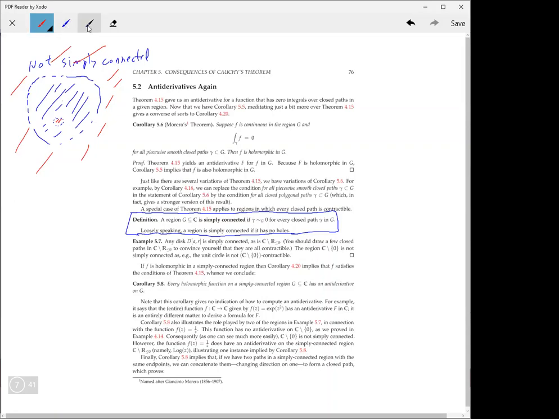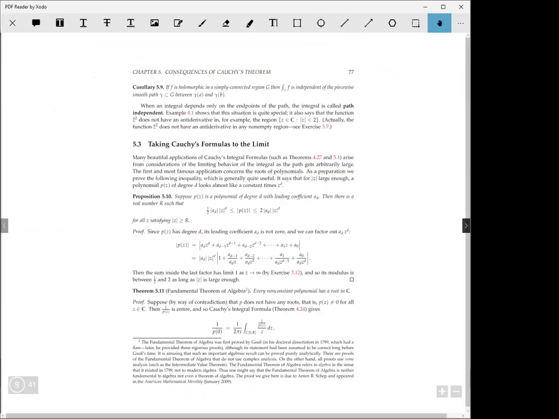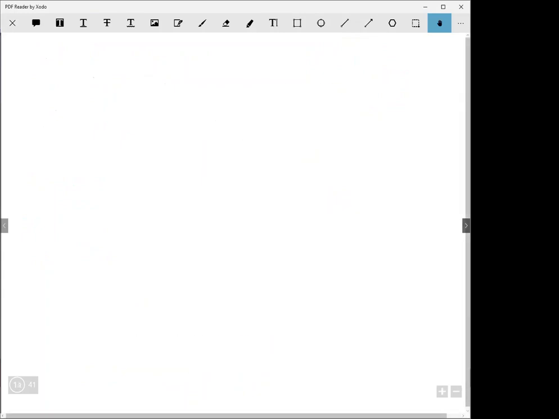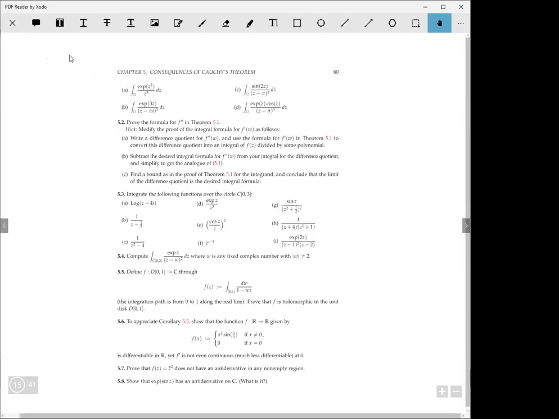Corollary 5.8: every holomorphic function on a simply connected region has an antiderivative in G. I want to say something about that, a hint for you guys.